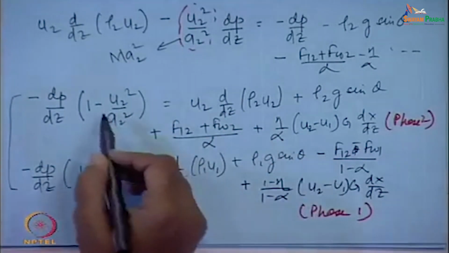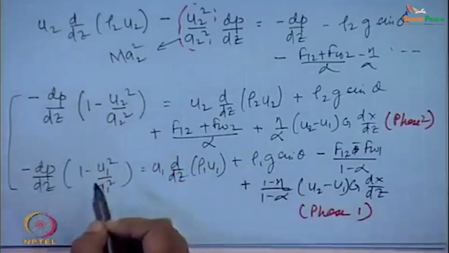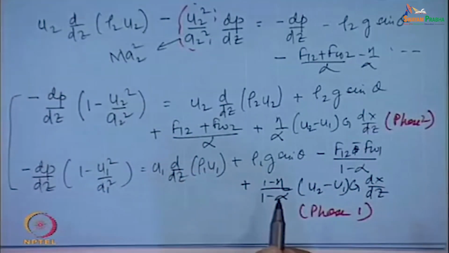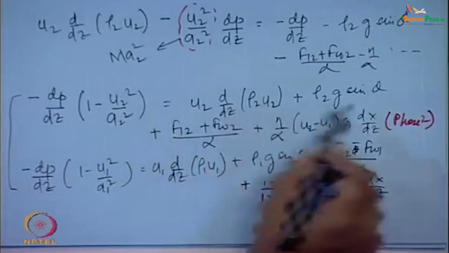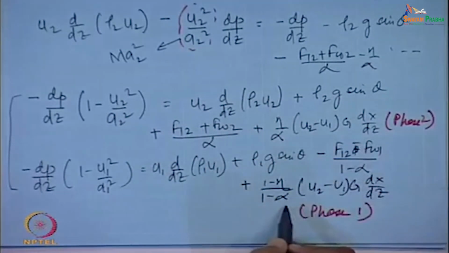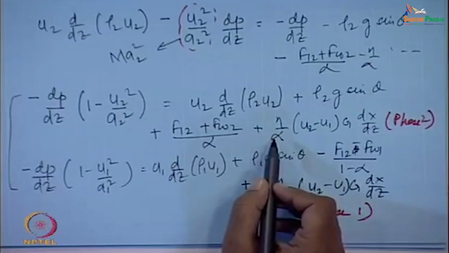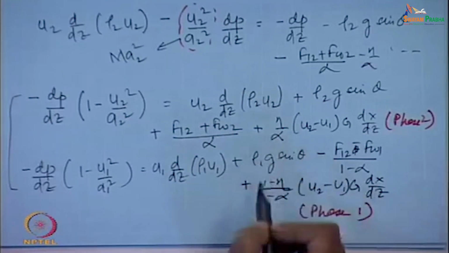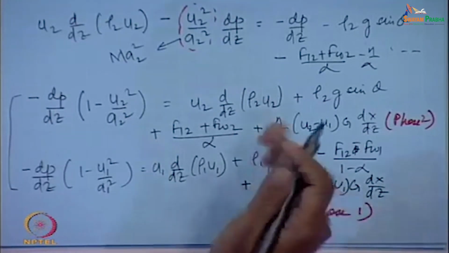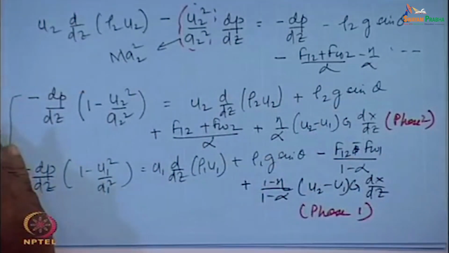We cannot say u1 equals a1 and u2 equals a2 will guarantee the condition of compound choking, because there is a good amount of alpha part also here. Moment there is some alpha part, this alpha is also a function of pressure. So unless we can account for alpha being a function of pressure and bring those things also on the right hand side, we cannot arrive at the condition of compound choking.